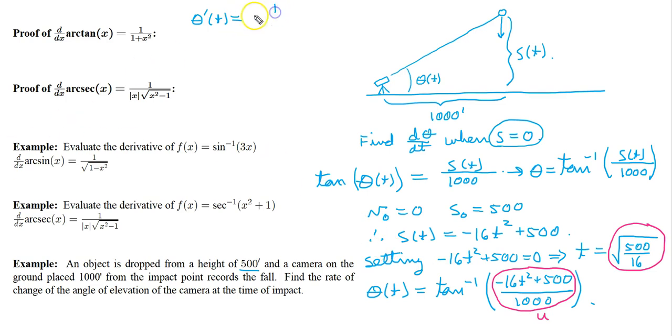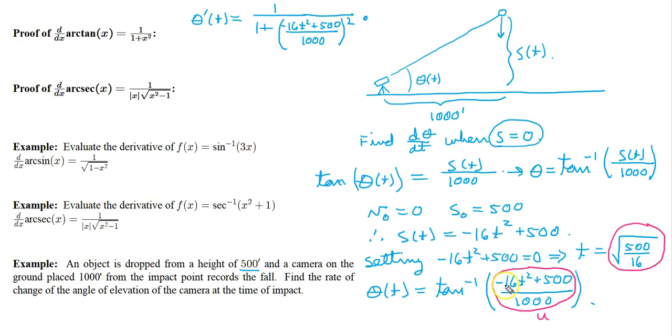So we're going to get, now u squared, remember, is this. So there's the derivative of the arctan of u with respect to u, 1 over 1 plus u squared. Now I need to multiply by du dt.